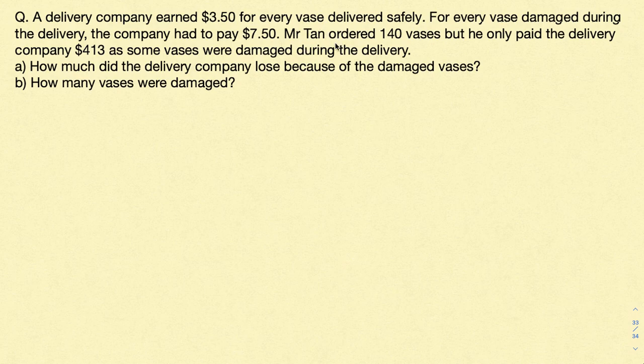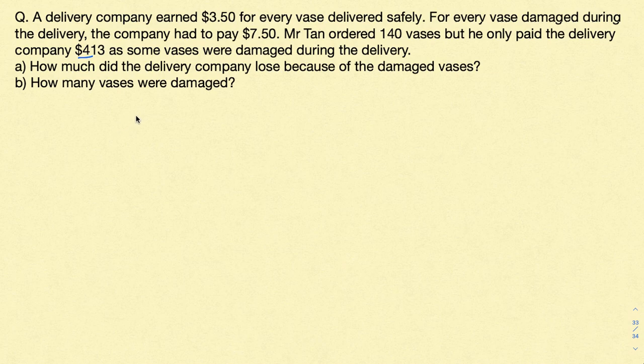Right now, Mr. Tan ordered 140 vases, but he only paid the company $413. Okay, so it looks like some of the vases were damaged during the delivery, so obviously he didn't pay the full delivery charges which he should have paid, right? So we have to find out how much the delivery company lost, right, and how many vases were damaged.